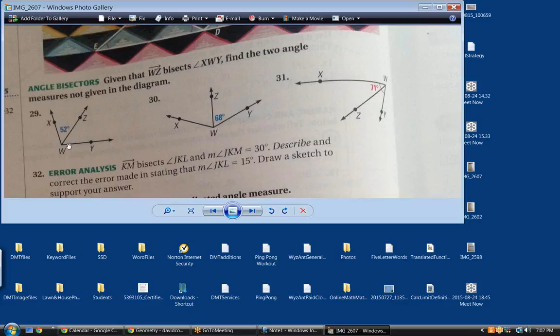Yes. And we know, first of all, that it's got to be over 90, right? It wouldn't make sense if you get an answer less than 90, because we can see it's obtuse. And it equals 104 degrees. There you go.